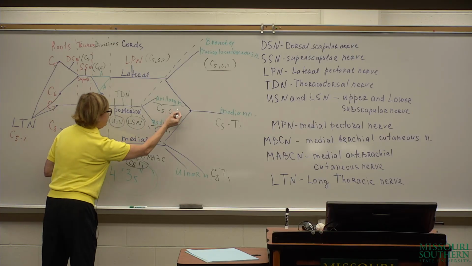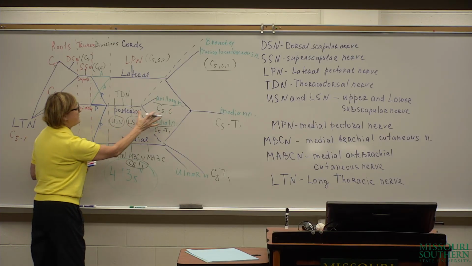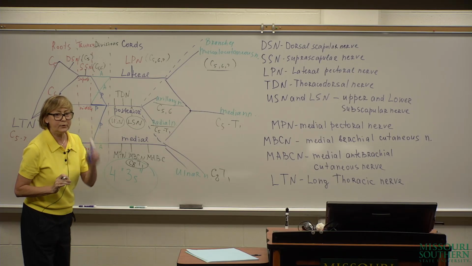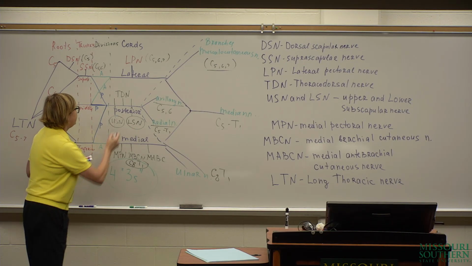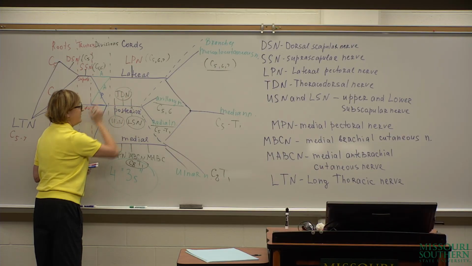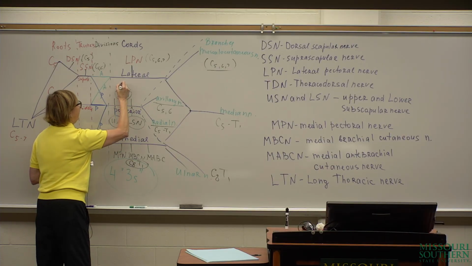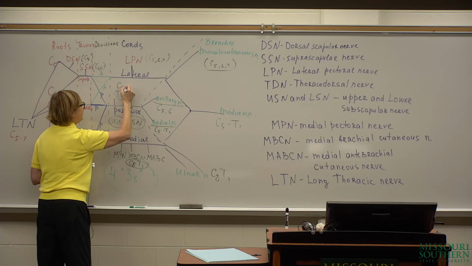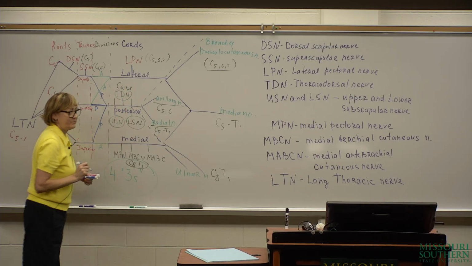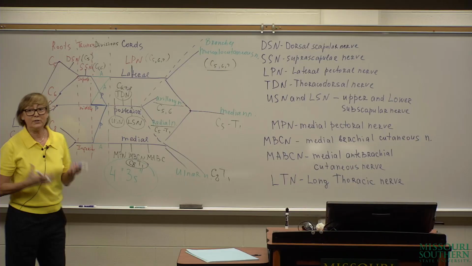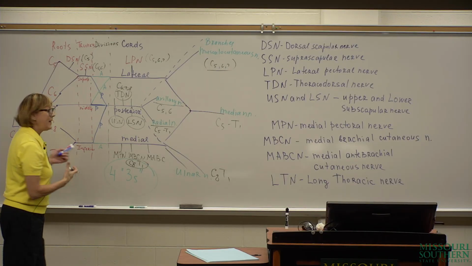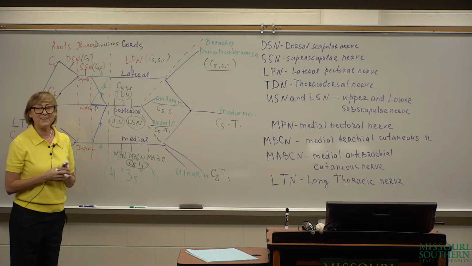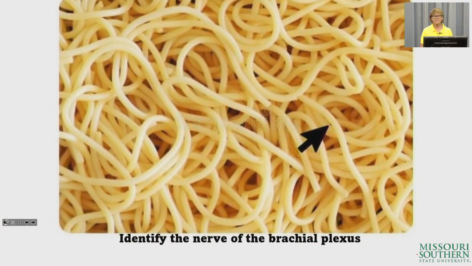So the axillary nerve, upper and lower subscapular nerves contributed by C5 and C6. And the thoracodorsal nerve is contributed by C6, 7, and 8. So that's what you need to memorize. This is the exception from the rule, but all other contributions actually make sense.